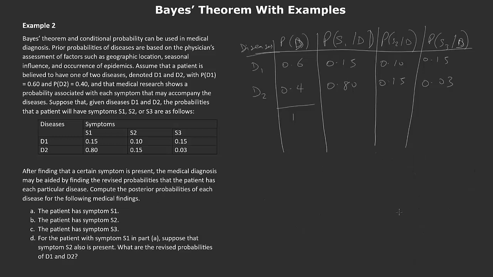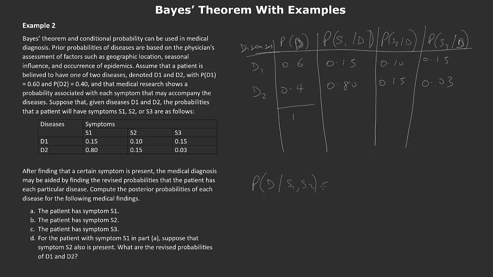Specifically, the way you treat this kind of question, that's question 2D, is as follows. You treat it as though you are looking for the probability of D given that S1 and S2 have occurred. So in this case, you've got two pieces of evidence. So you are looking for the probability of D given two evidence.